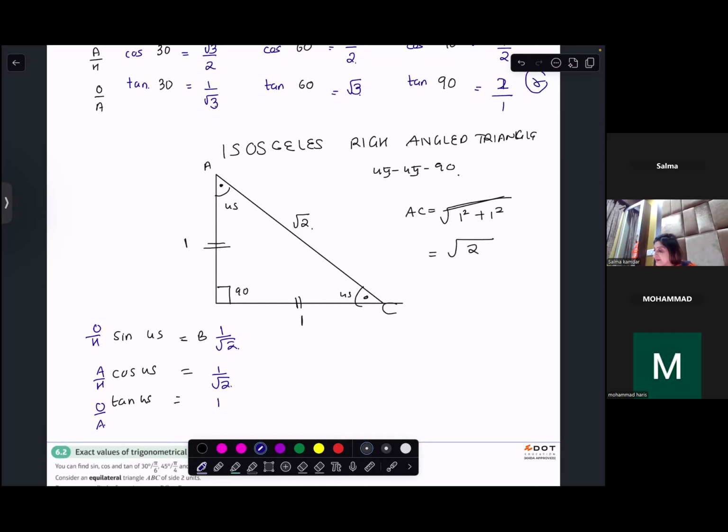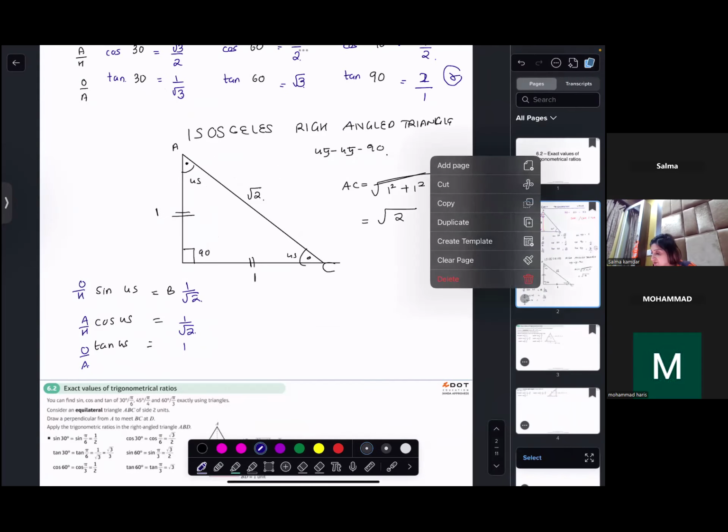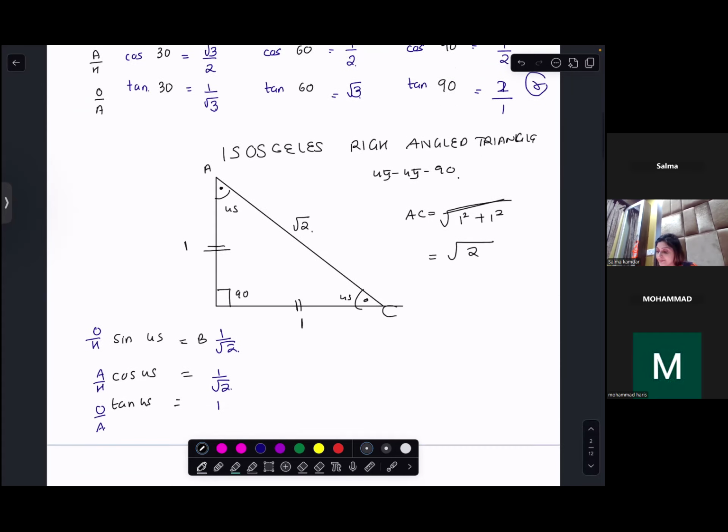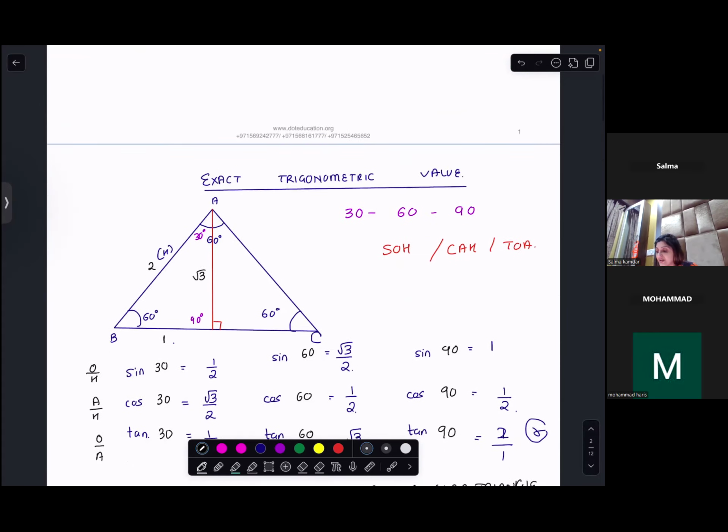Now if I have to do this using a triangle, what are the values that you would consider? 30, 45, 60, and 90. These values you should definitely know. Tell me, 30, 60, 90 you will get from which triangle?